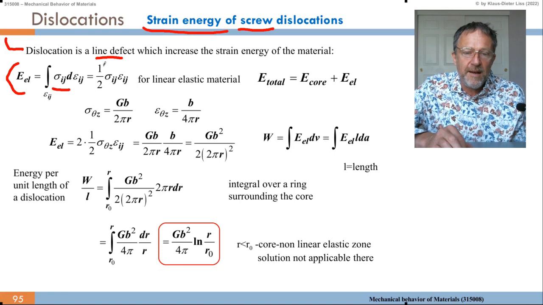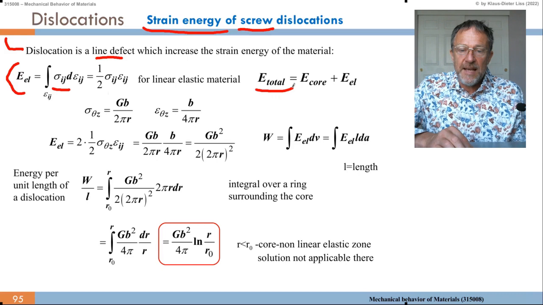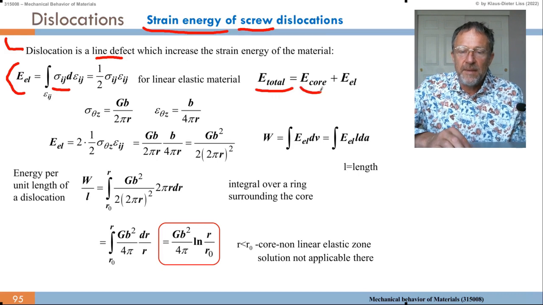And for a linear elastic material, we get 1/2 sigma ij times epsilon ij, so it's a summation over all the components. And we can say for this linear material, the total energy is the core energy plus this elastic energy.